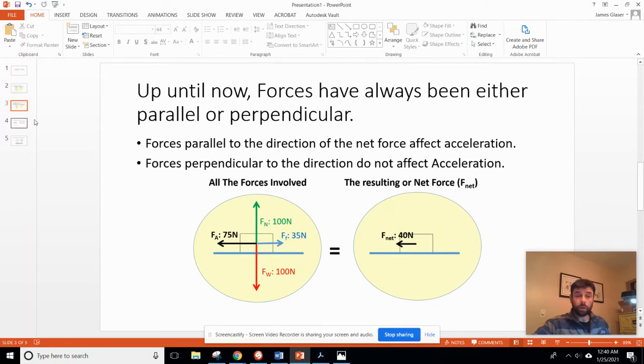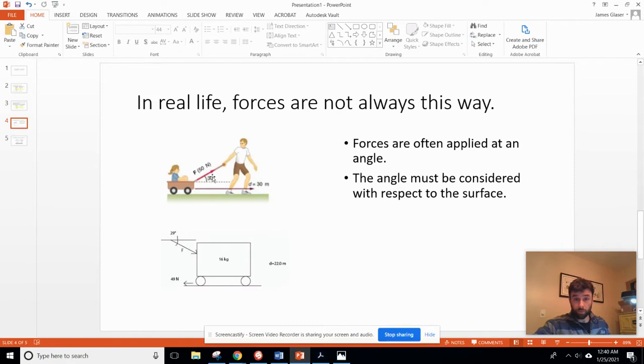So when we are dealing with forces that are not parallel or perpendicular, when they are applied at an angle, okay, the first thing we need to do is consider that it's not just pulling arbitrarily upwards. It is pulling relative to the surface, okay?